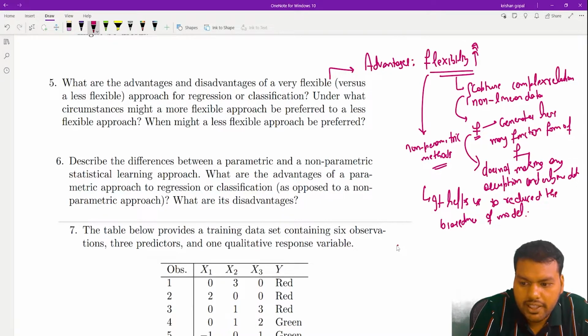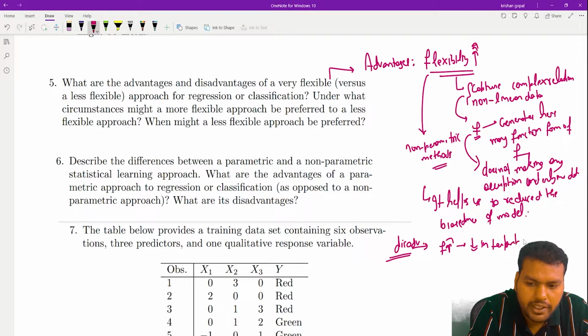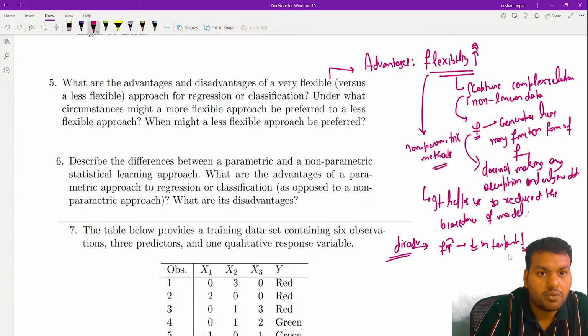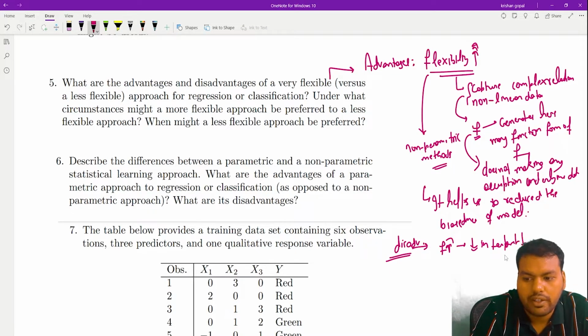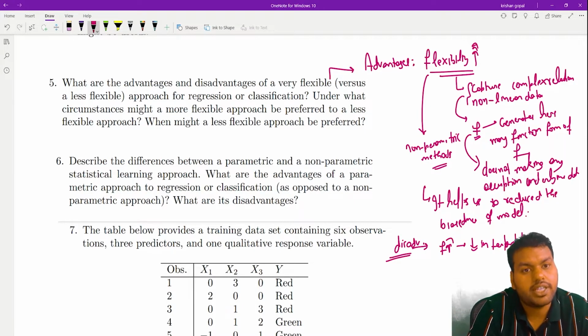Now what is the disadvantage of flexible methods? If you increase the flexibility, interpretability decreases. If you increase too much flexibility, it can easily overfit the data, because it can capture patterns which include noise.